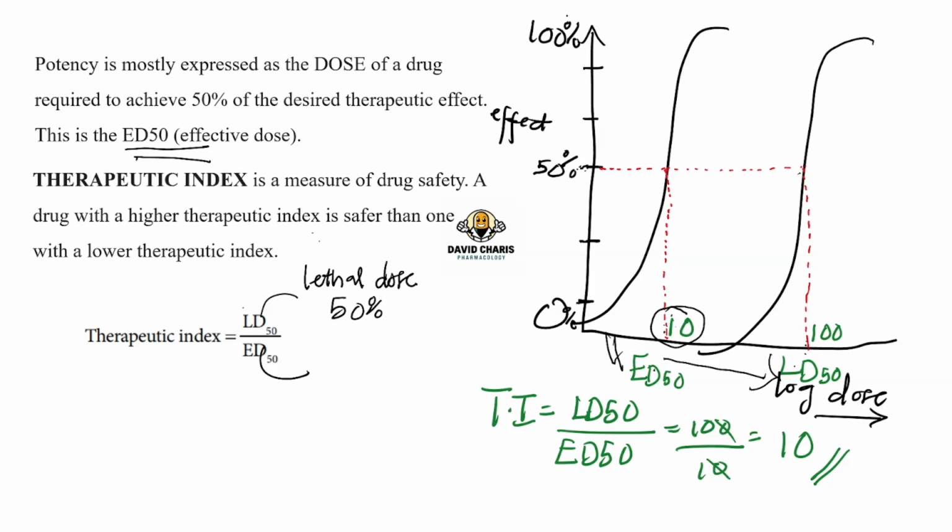And now the ratio between these two given data points is what we call the therapeutic index. As you can see, TI is equals to LD50 over ED50. LD50 is 100, ED50 is 10. And we have our TI to be 10, which means the drug is safe. And here we can see that the drug has a good therapeutic margin. The margin between the effective dose and the lethal dose is wider. It is not narrow.